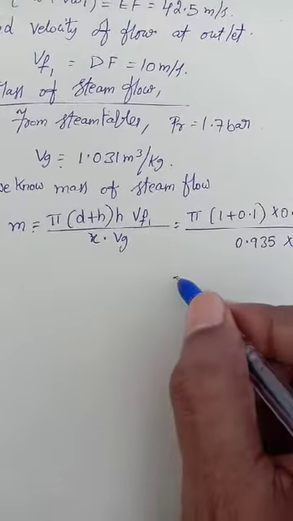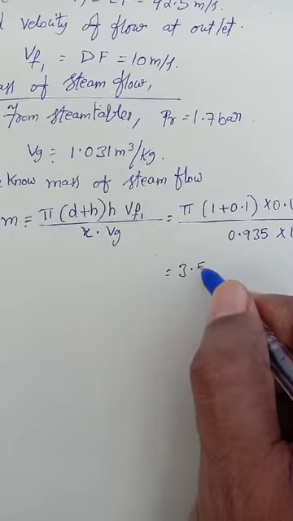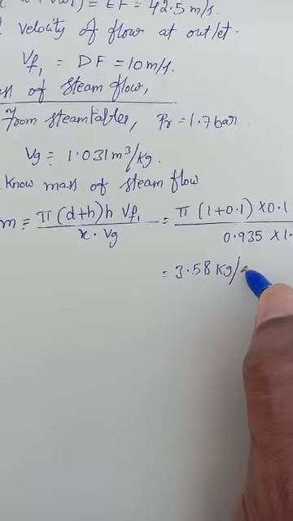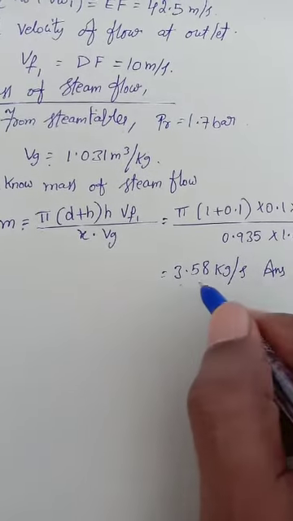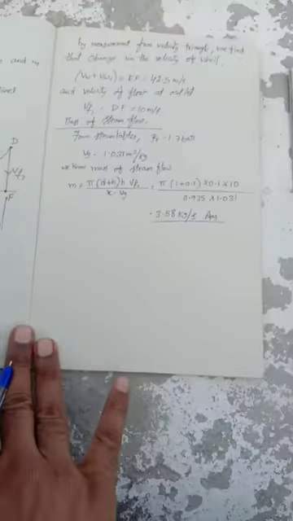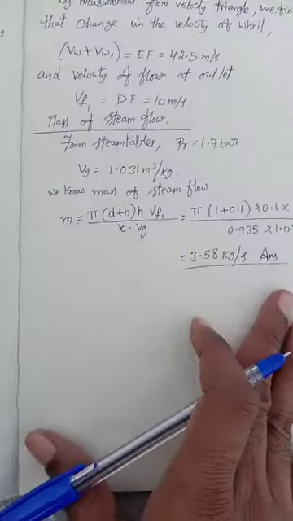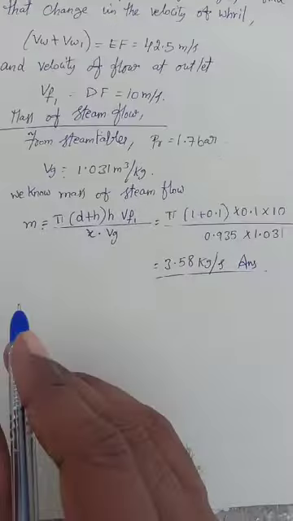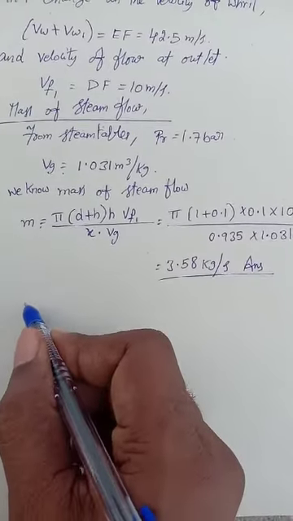Now calculate this, we get the answer in kg per second. Now we find m, the mass of steam flow. Then we go to solve for the power developed.